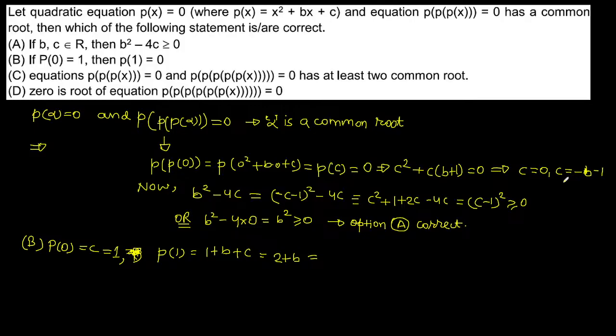If c is 0, this can go 1 plus b, which is equal to 1 plus c, 1 minus c, which for c equal to 1 is 0. So this is also correct.